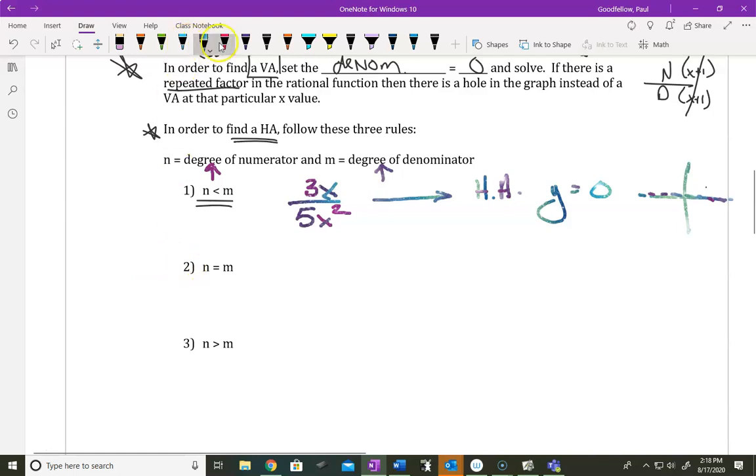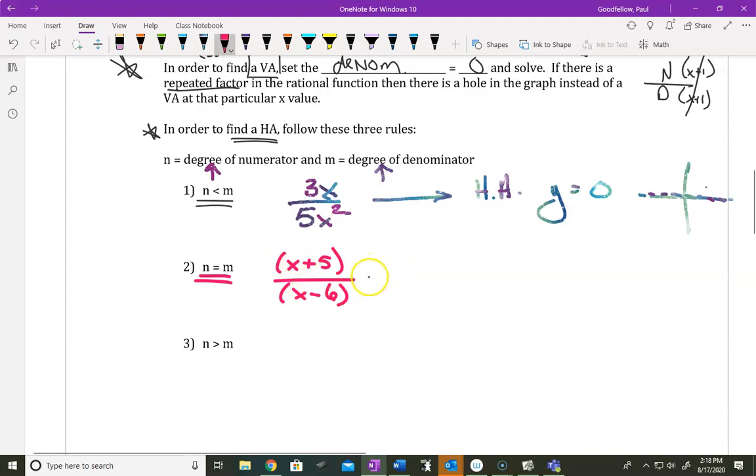Now, if it turns out that the two degrees match one another, let's say, for instance, I was dealing with x plus 5 on top, and this one was, say, x minus 6, the degree of these polynomials is the number 1. We've got a degree of 1 and a degree of 1, so they match each other.